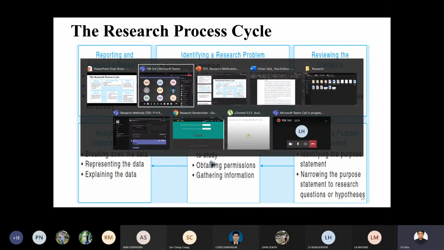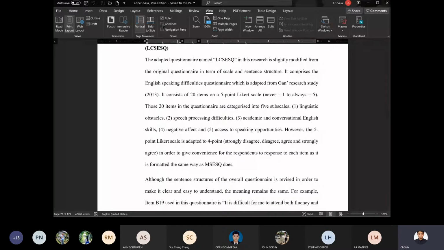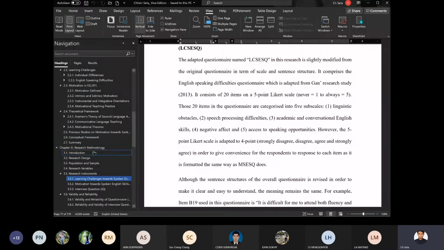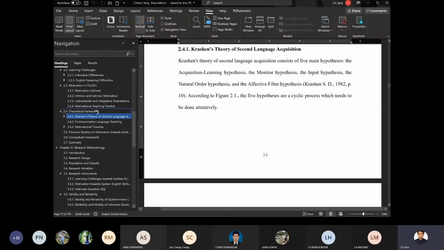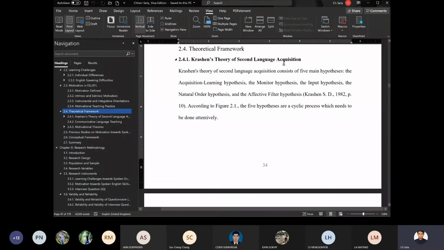For my research, as I shared with you last week, the theory that I use is the corruption theory of second language acquisition. When we talk about second language acquisition, there are a lot of theories.